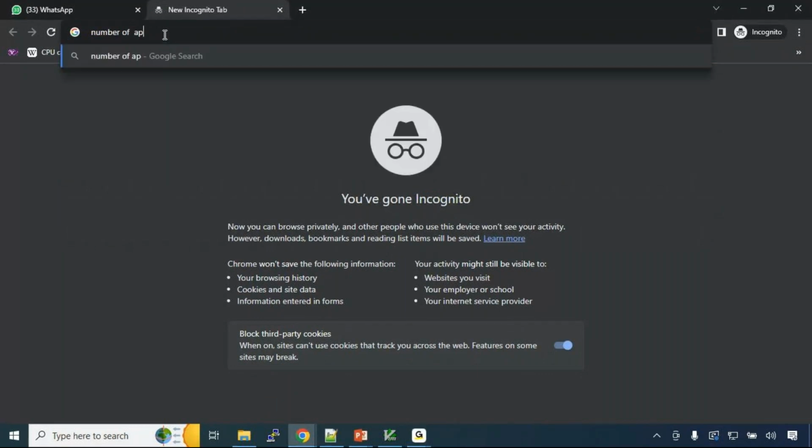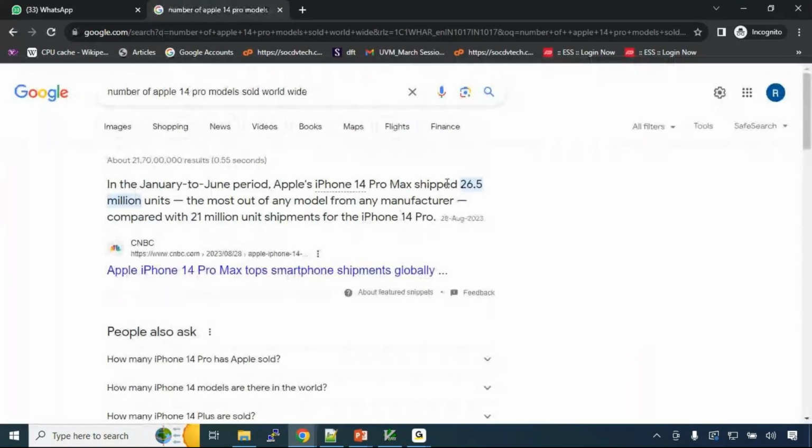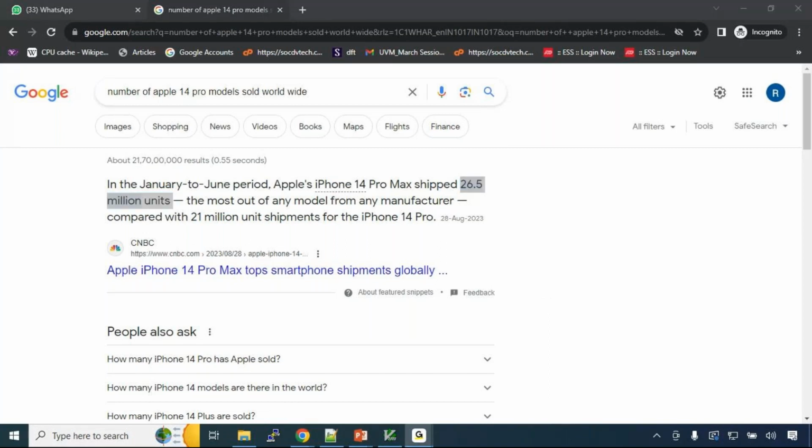Apple 14 models sold, how many? 26.5 million means what? 2.65 crores. For convenience, let's take it as 3 crores.